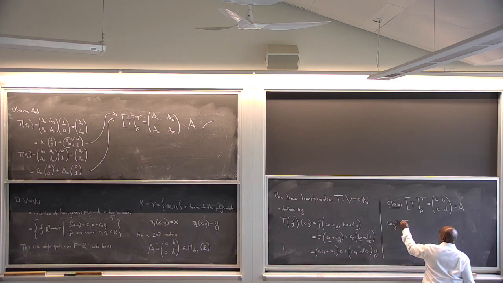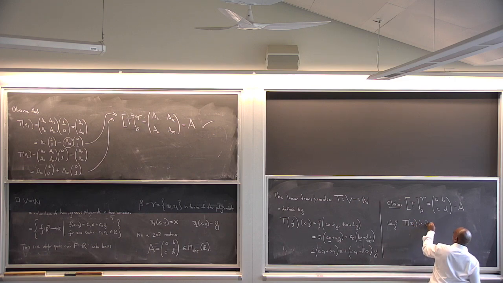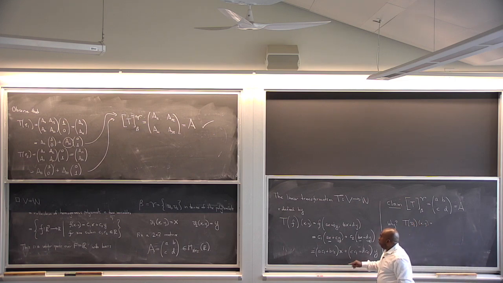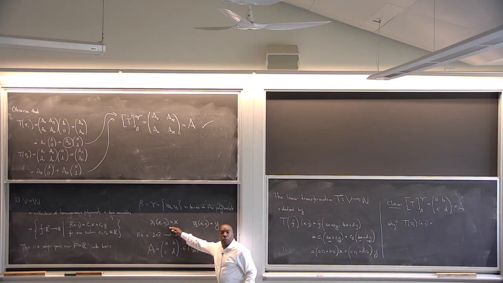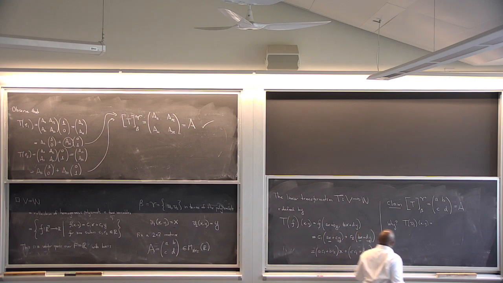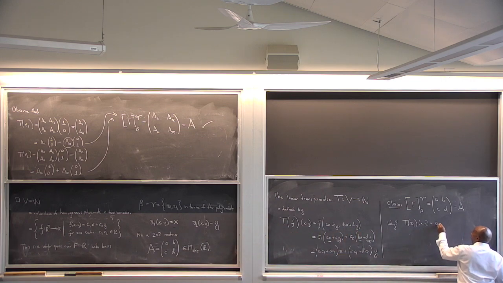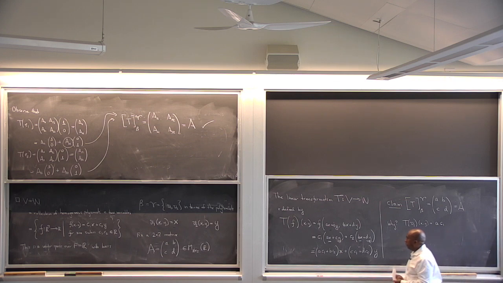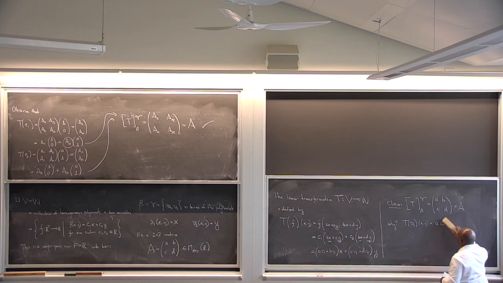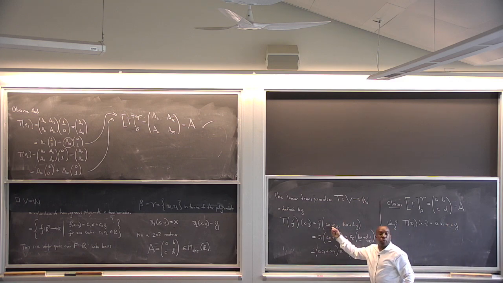Let's take a look at T of v1. So for v1, remember, I just had an x-coordinate. I'll express that here as AX plus CY, because again, I only care about the x-coordinate here.